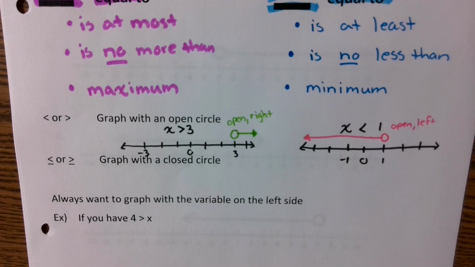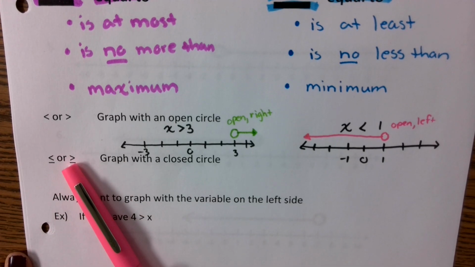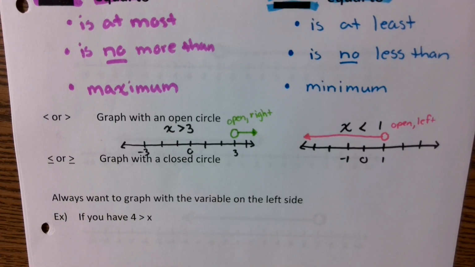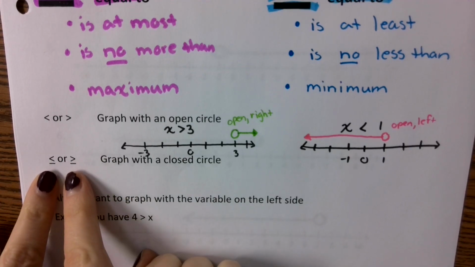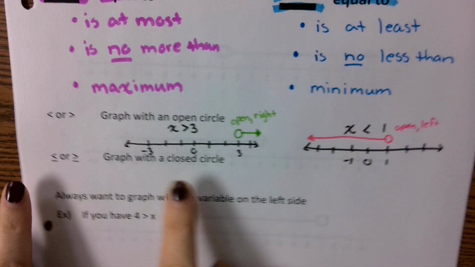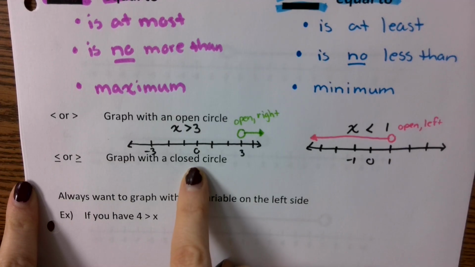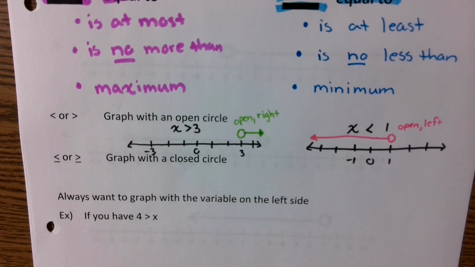Now, when we are dealing with the less than or equal to and greater than or equal to, there's the extra added effort of writing the equal to line under it. So that means there's the extra added effort of closing the circle. So you draw the circle, but this time you fill the circle in because now it is equal to that value.